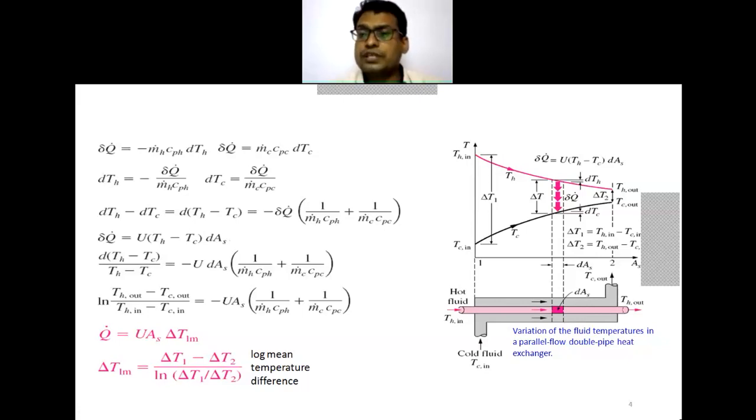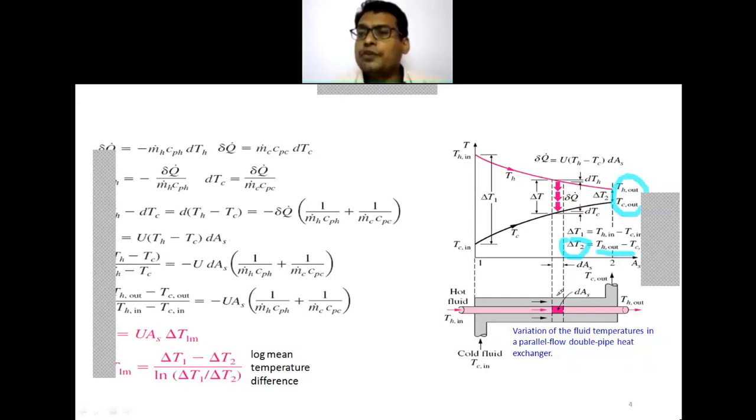This is a parallel flow heat exchanger, with the temperature profile diagram shown in the figure, where Th in and Tc in give the temperature difference on one end, and delta T2, which is equal to Th out minus Tc out, on the other end.